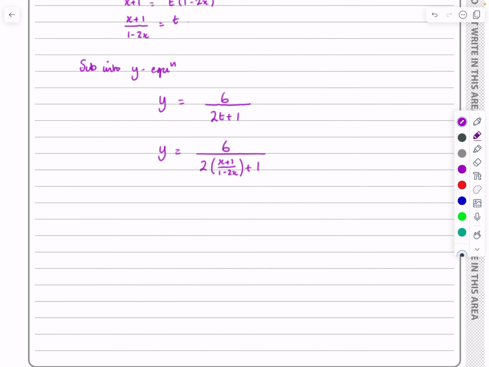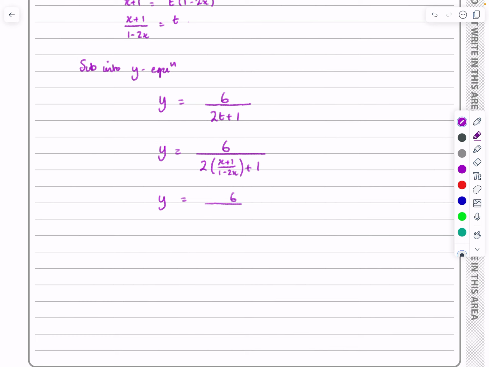I'll just tell you what I'm going to do before I do this then. I'm going to take this bottom part here, the denominator, add that together and make it into a single fraction. Once I've done that, because I'm doing 6 divided by, I'll be able to flip the fraction upside down. Easier to show you, I think, than to explain it like that though.